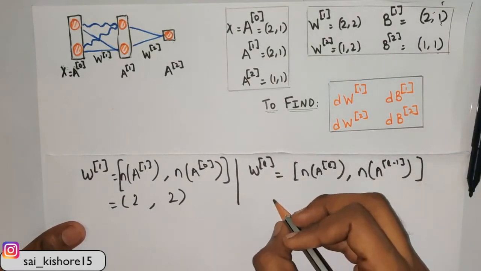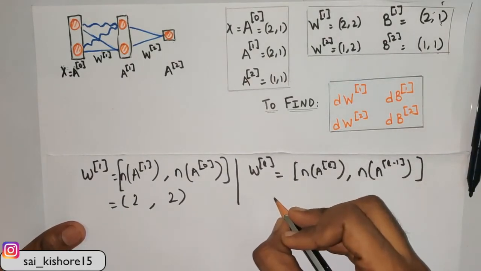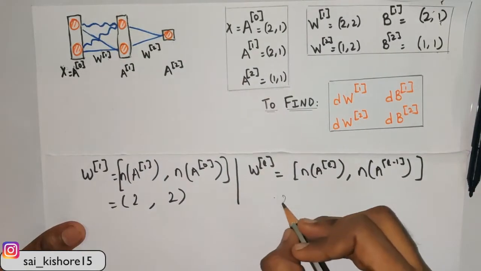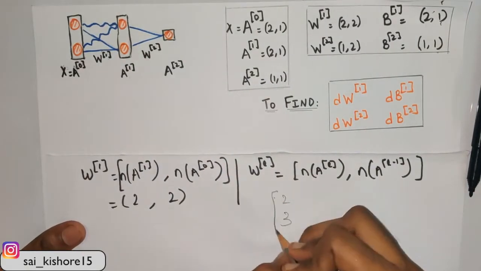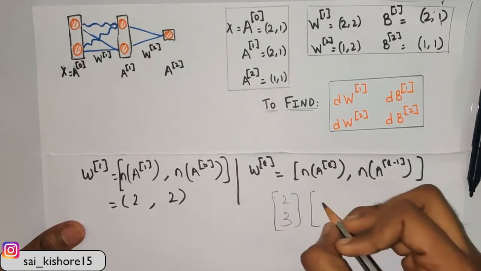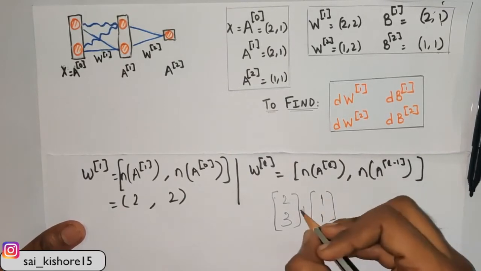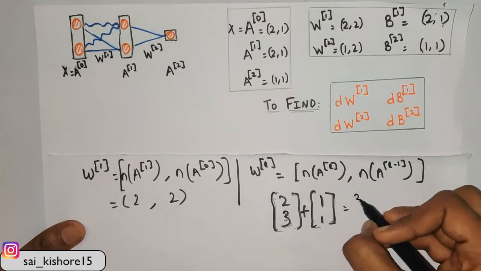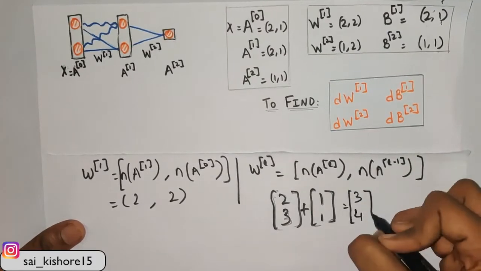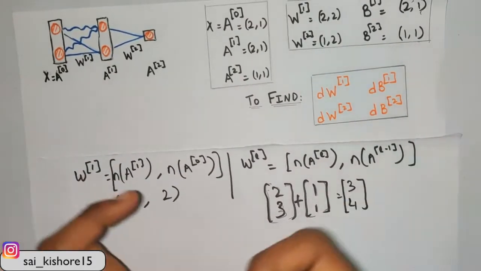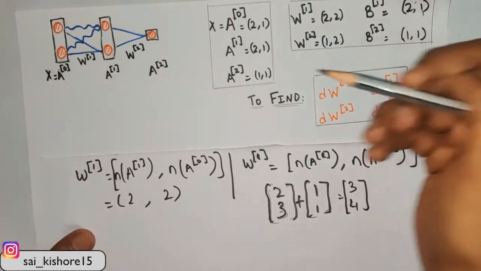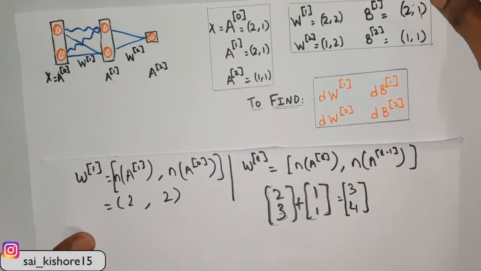So to give you a better idea, if we have these neurons to be something like 2, 3, and biases are like 1, 1, so these just add up to be 3, 4. So biases do this work. They add some constant value to the output of the activation layer.